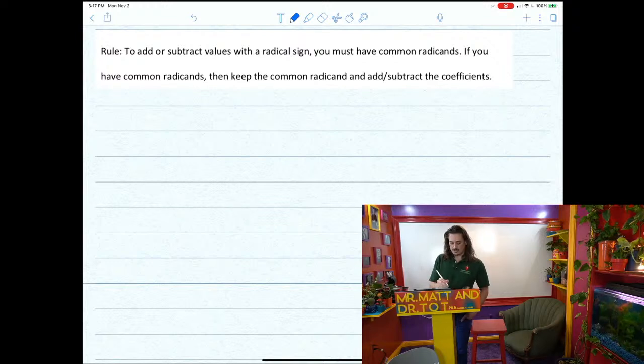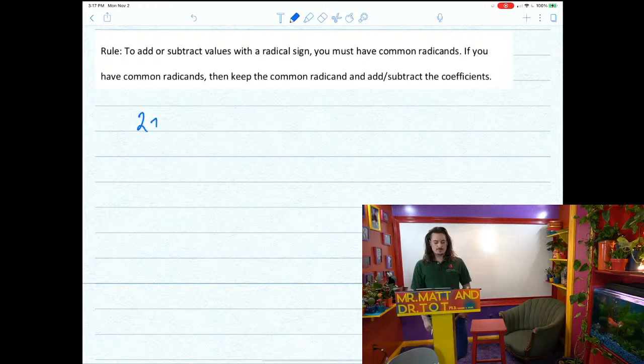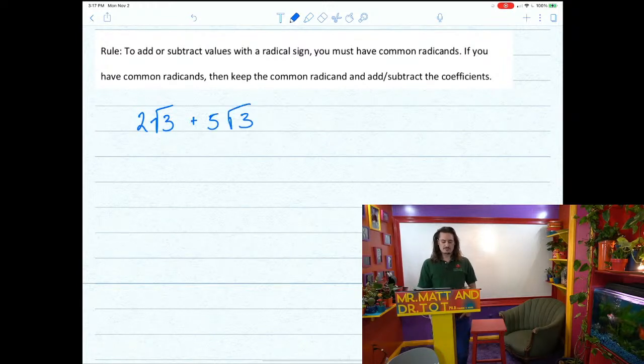So for example, let me just write out a few here. First example, let's look at 2 root 3 plus 5 root 3. And then we'll also look at 5 root 2 minus 4 root 2.